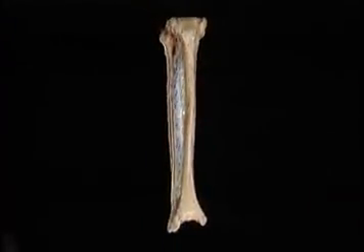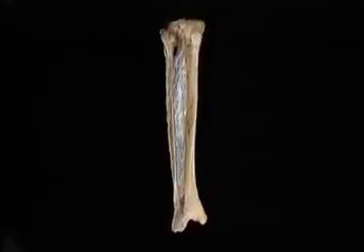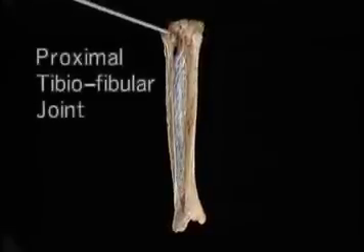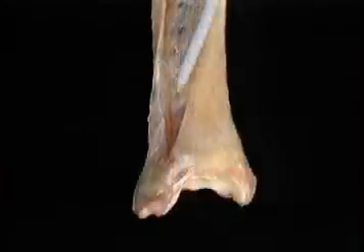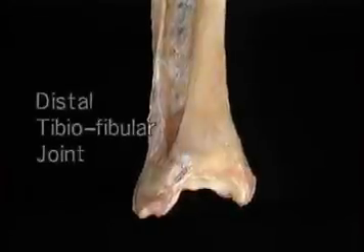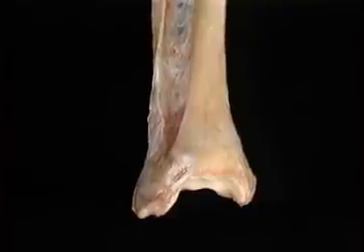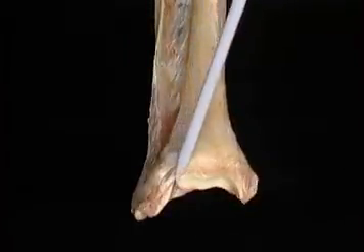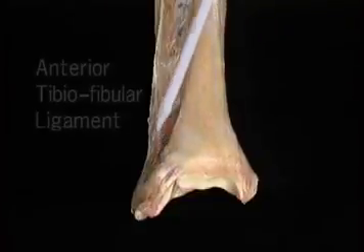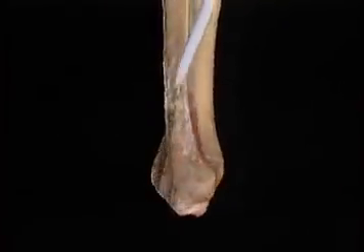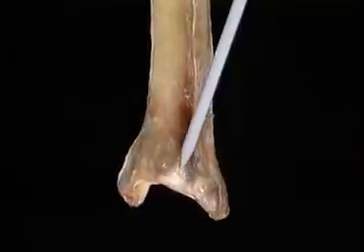Above and below, they're attached at the two tibiofibular joints. The proximal tibiofibular joint is a synovial joint. The distal one is a fibrous joint. There's very little movement at either of these joints. Distally, the two bones are strongly held together by the anterior tibiofibular ligament and the posterior tibiofibular ligament.